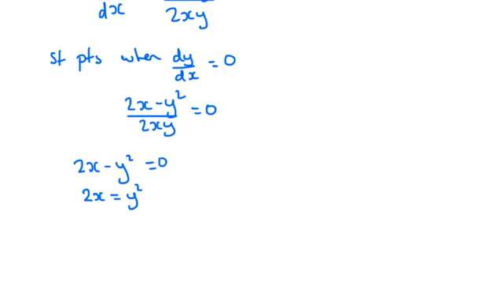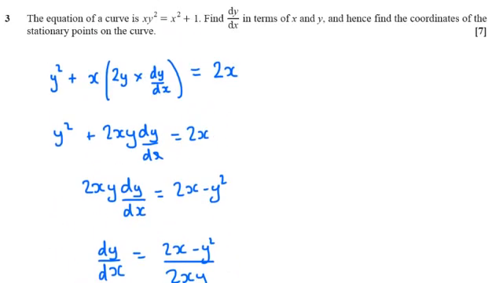Because we know that 2x has to equal y squared, we can substitute that into here to get rid of one of the letters. The easiest thing is that we've got a y squared there, so I'm just going to replace that y squared with 2x.